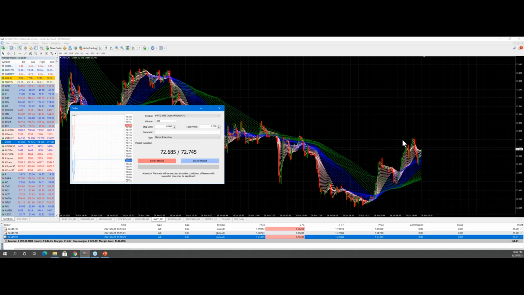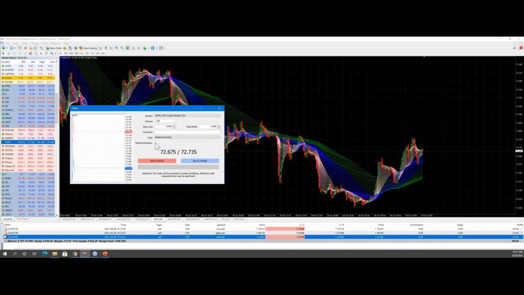So I always have this kind of question: who's right, the 1 minute or the 1 hour? The answer is maybe we are both right. If you are just targeting, for example, a couple of pips on the 1 minute, maybe the market will go up for a couple of minutes, but at the end of the 1 hour, it might be going down, or at the end of the day, it might be going down.